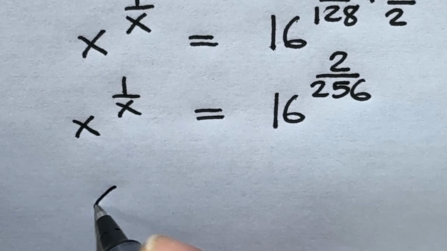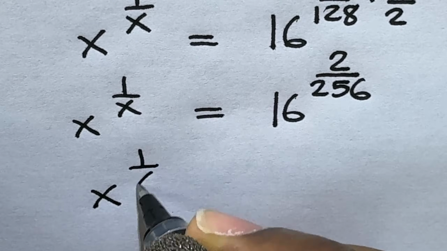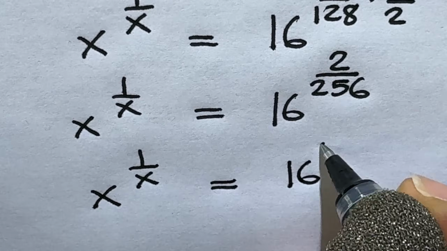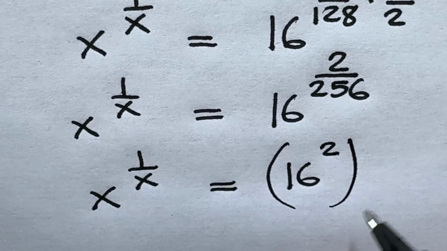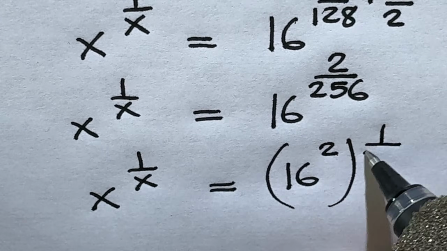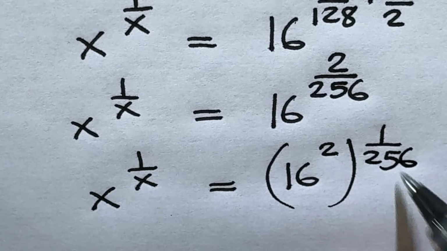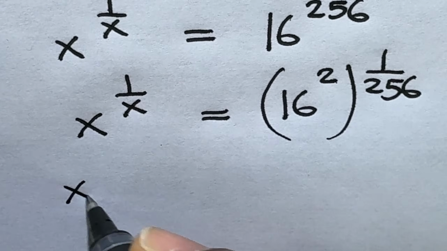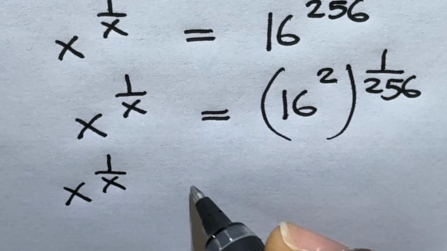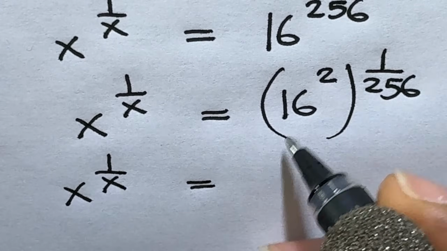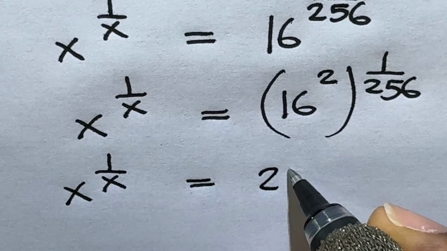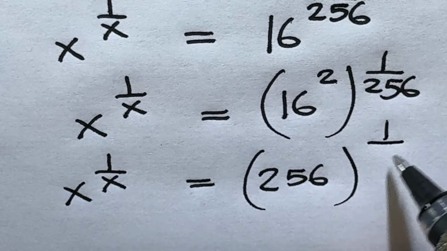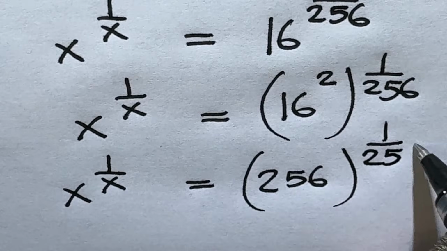Then we have x raised to power 1 over x is equal to 16 raised to power 2, raised to power 1 over 256. So x raised to power 1 over x is equal to 16 raised to power 2 is 256, then raised to power 1 over 256.